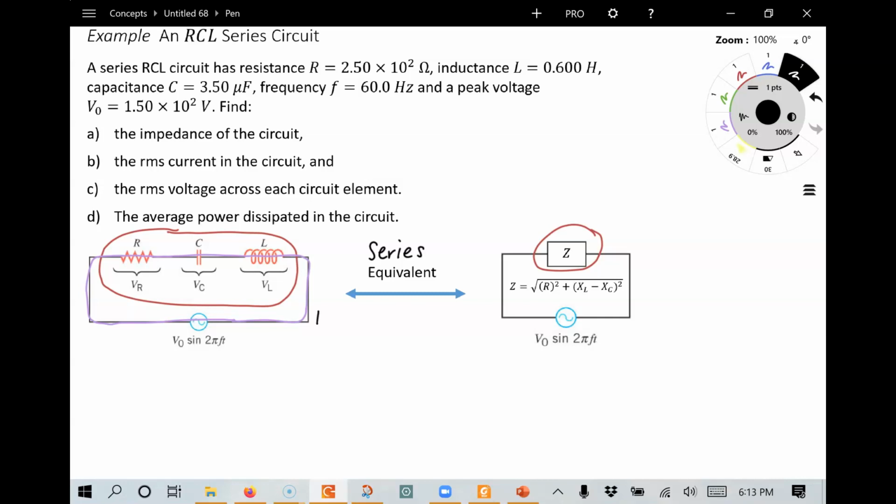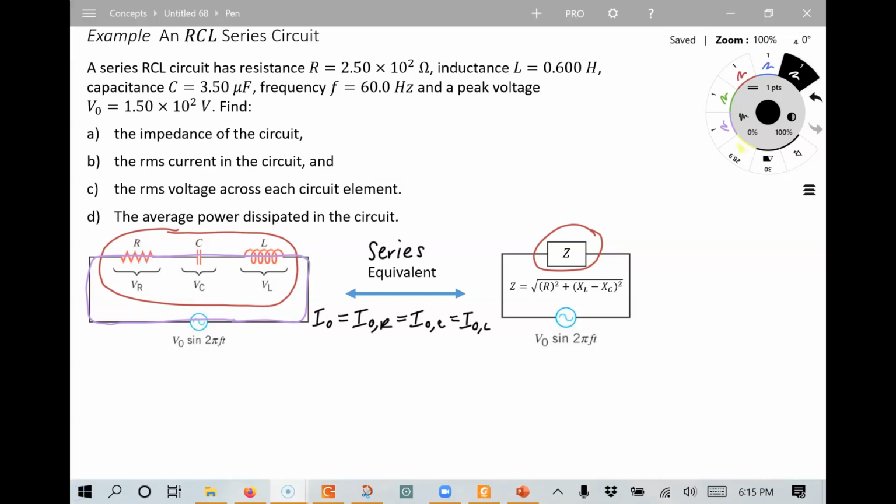So the current that goes through the generator, I'm going to call it I peak. That's the current through the generator. It's the same peak current through the resistor, the same as the peak current through the capacitor, and the same as the peak current through the inductor.